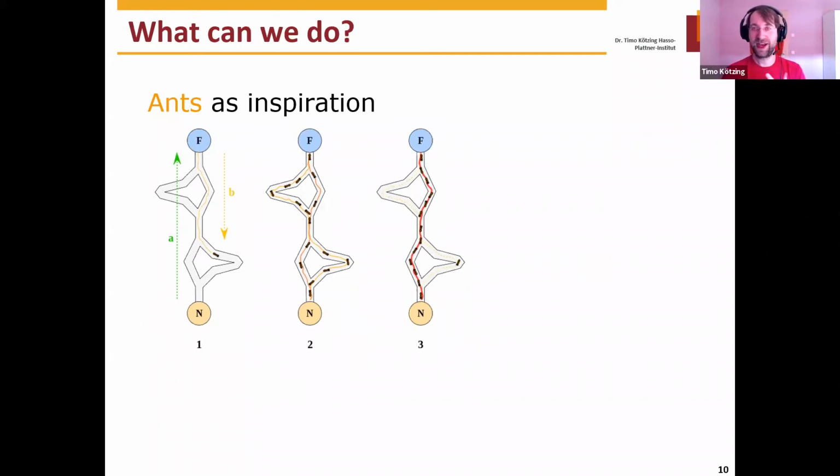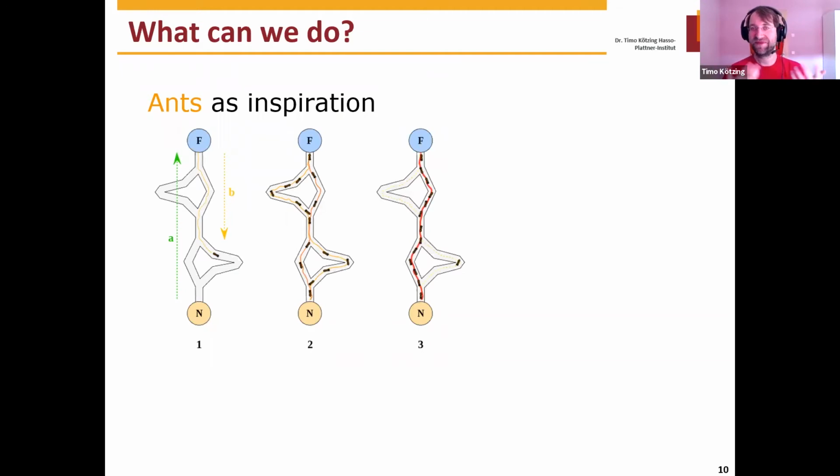This is what biologists actually found out in the lab, for example, and saw that ants can solve computational problems this way in some kind of distributed manner, which is why it's called a swarm algorithm or swarm intelligence.